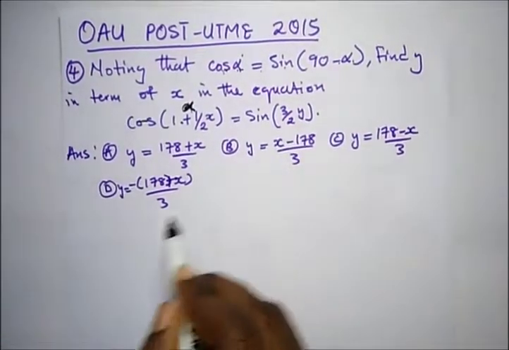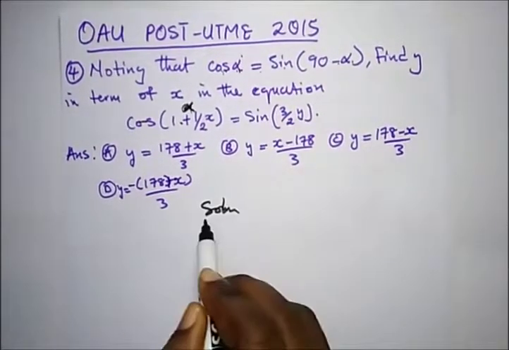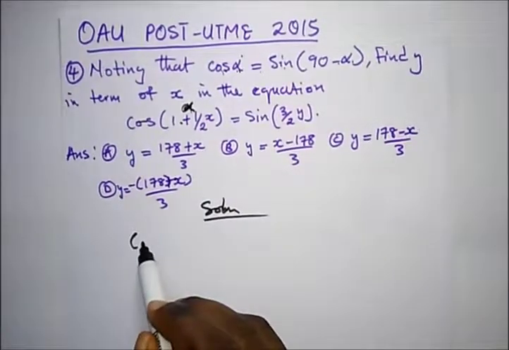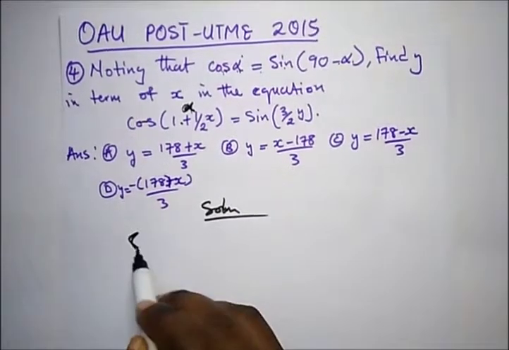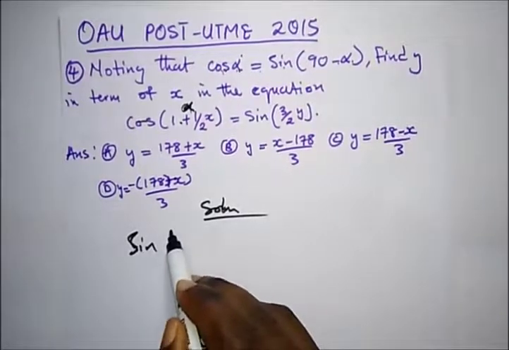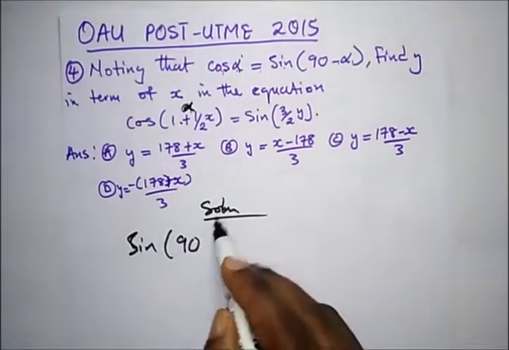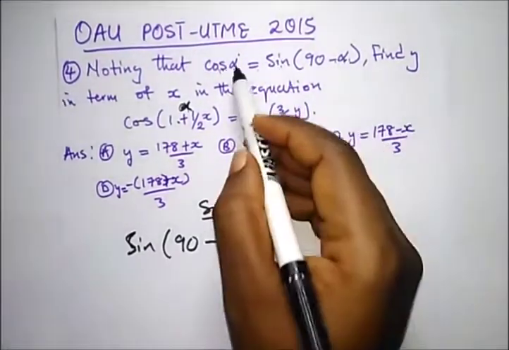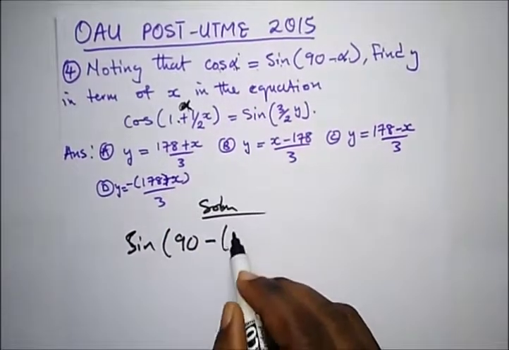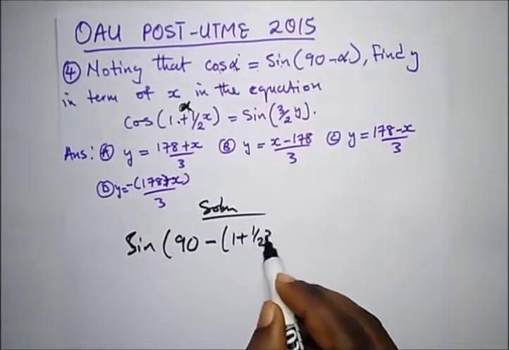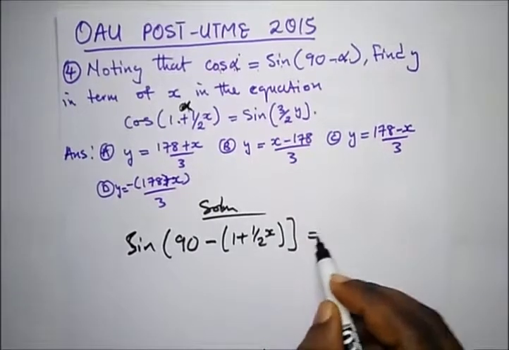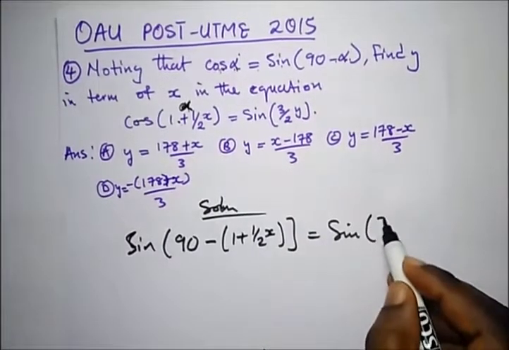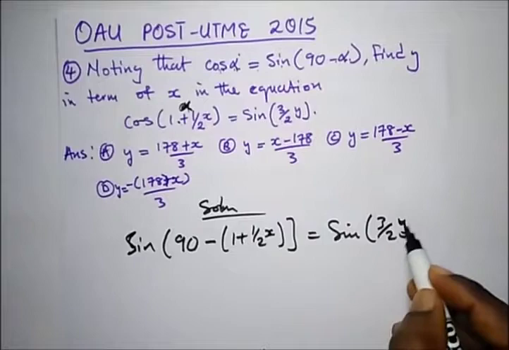So we have sine bracket 90 minus, what is our alpha here? This is our alpha, minus bracket 1 plus 1 over 2x, equal to sine 3 over 2y.